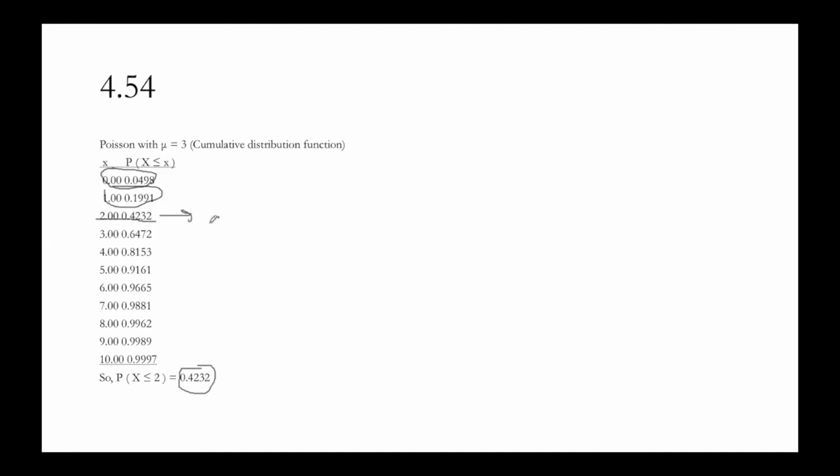Here it's not only this one, this equation. Minus 3 times 3 to the power of 2 divided by 2. It's not only the probability that x is equal to 0, but it's cumulative probability, so we already included this one and this one in this number. So this will be the answer to this exercise.